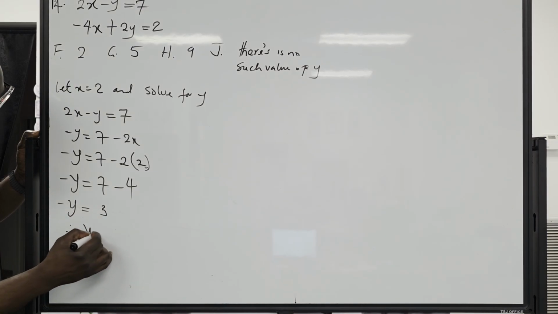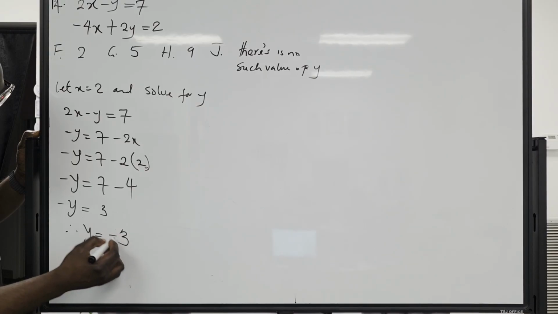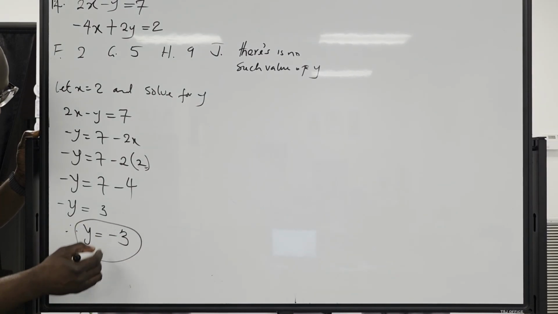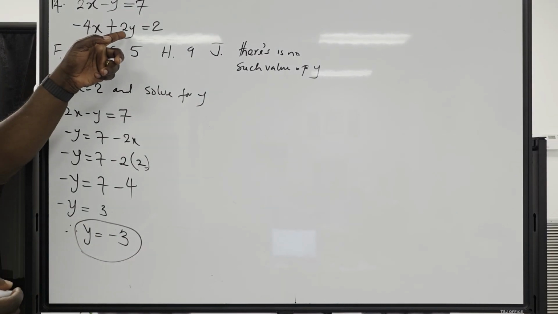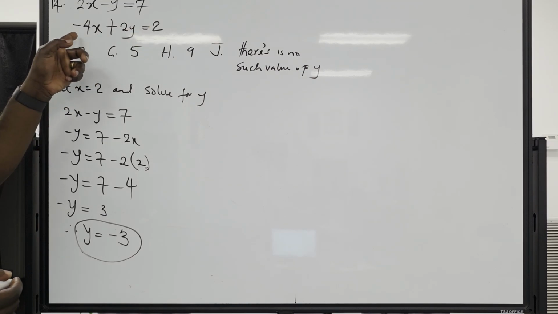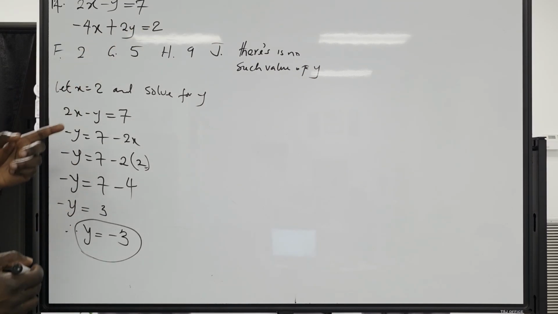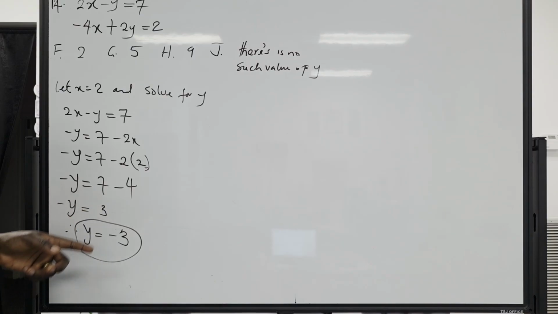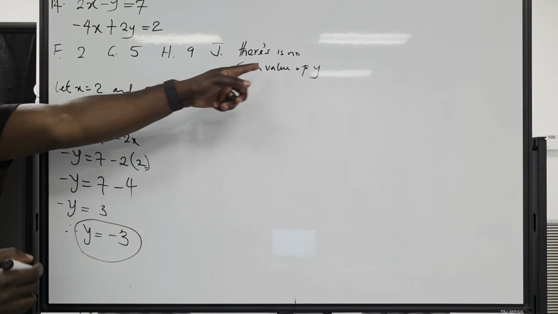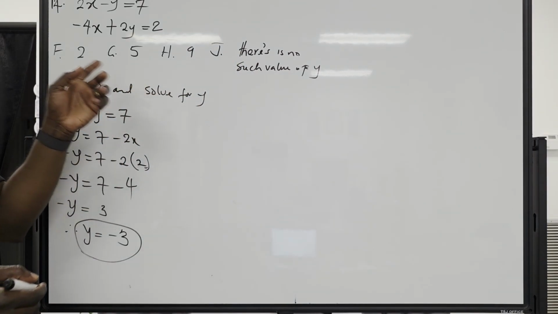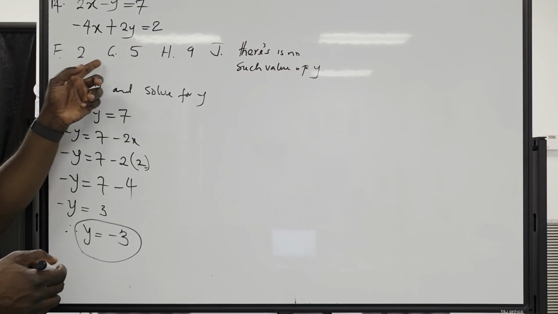Therefore, y is equal to minus 3. If we put y into the other equation, it should give us 2. If it does not give us 2, there's no such value of y. If it gives us 2, you can use 2 in here and see what you get.